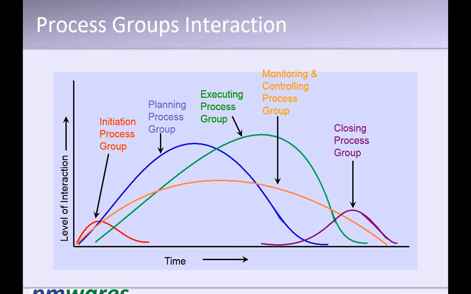Planning starts after some time of initiating, and finishes near closure. Execution starts when we have some planning in place and are in a position to execute, and that goes till the closing process is almost matured. So this is a broader interaction among them, how they overlap each other.